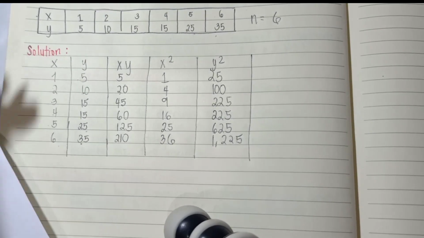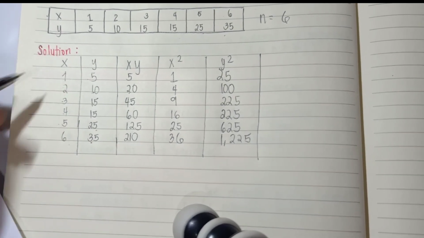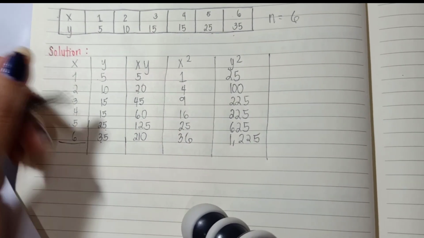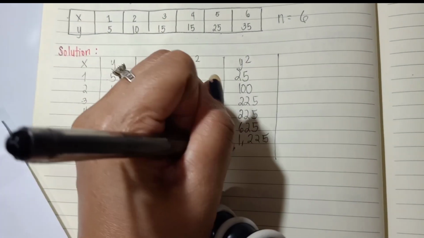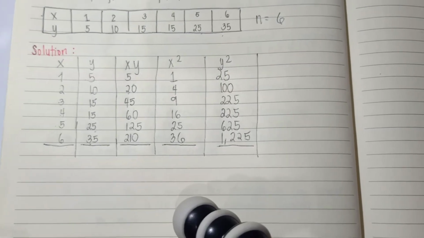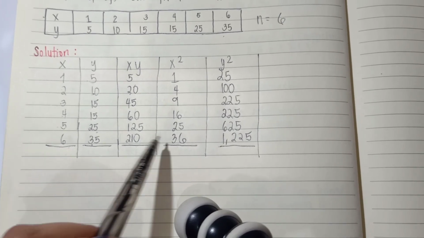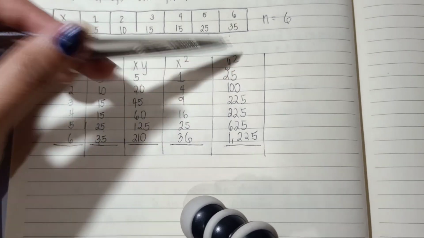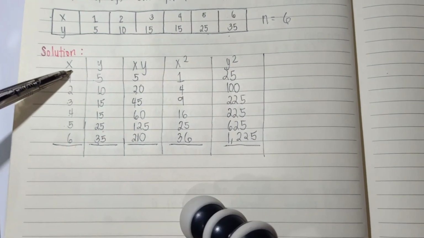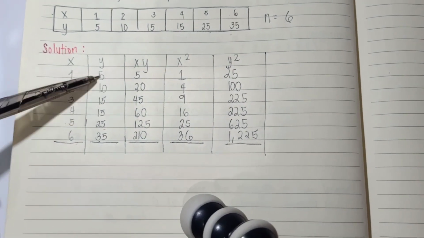So, ngayon, ang gagawin mo naman, ay yung mga numbers na yan. Ito-total mo yan isa-isa. So, total mo yan, lahat ng column na yan. Okay, so dahil tapos ka na sa mga columns na nagawa mo ay ang X, Y, XY, X squared, and Y squared, ito-total mo yung mga numbers na yan.